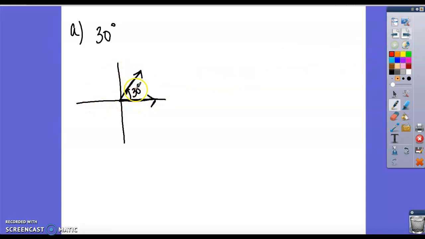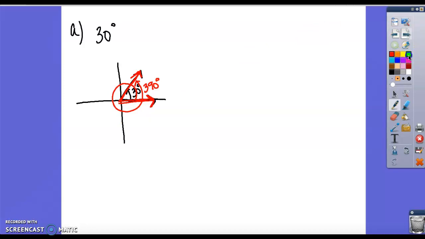So I can draw a coterminal angle that looks the same, but instead of stopping at 30, I'm going to go another 360 degrees. So 30 plus 360 is 390. Those two angles look exactly the same, but they have different measures.